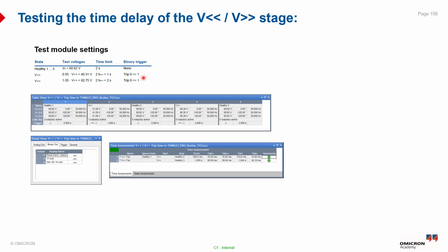In the same way, for state number 4, to test the overvoltage protection stage 2, we can define the overvoltage value to be 1.05 of the setting. So we can inject 82.75 volts with 2 seconds, because we are expecting 1 second, and we can define the time assessment, as you can see from here in the time assessment view.